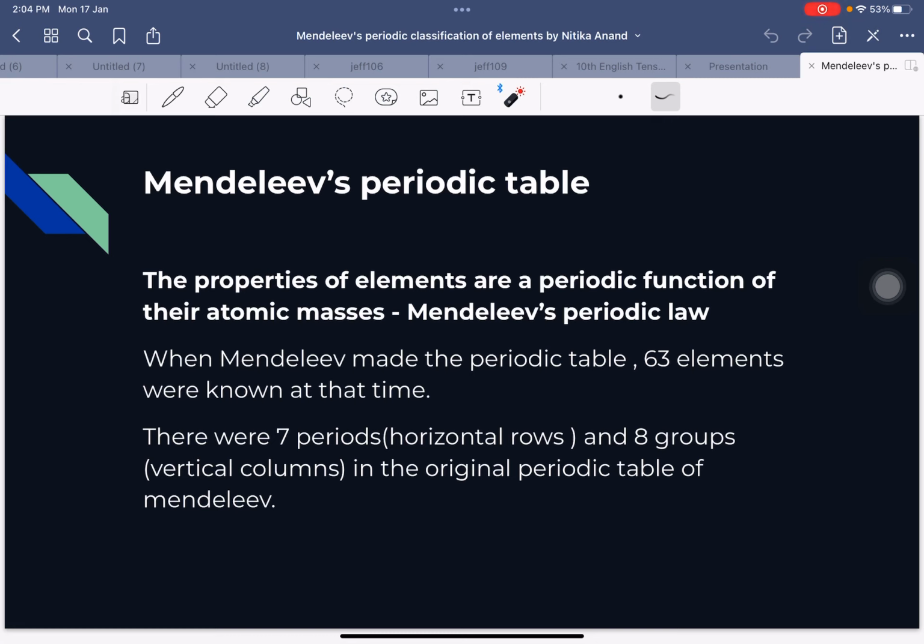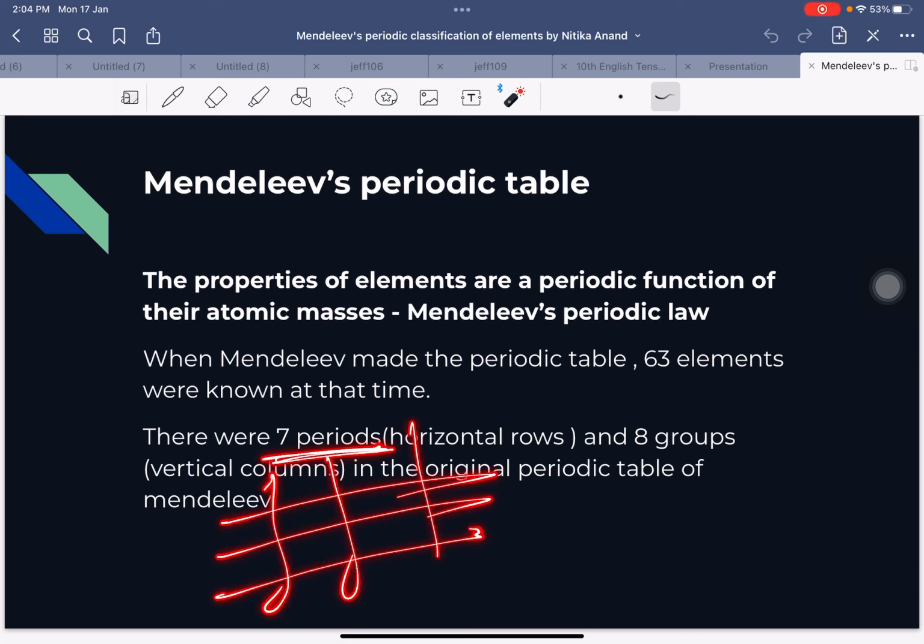When Mendeleev made a periodic table, at that time only 63 elements were known. And in his table, there were 7 periods, meaning 7 horizontal rows, and 8 vertical columns or 8 groups.